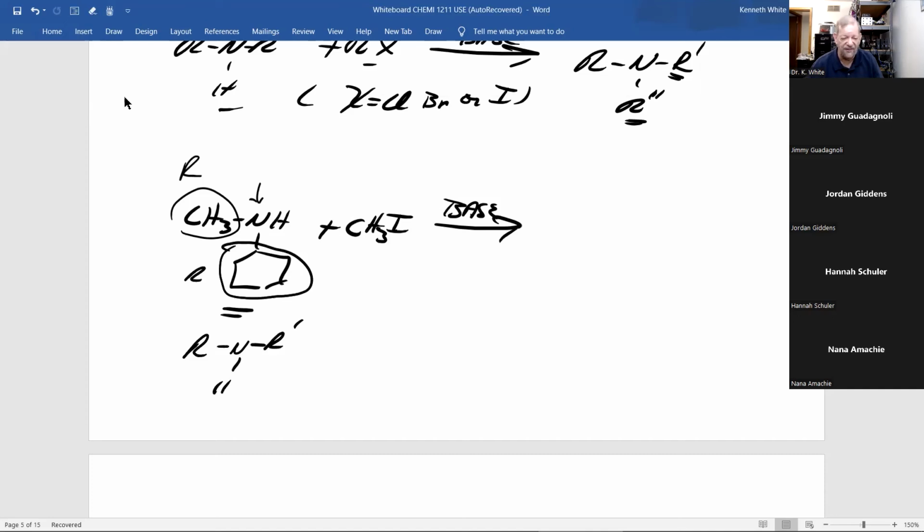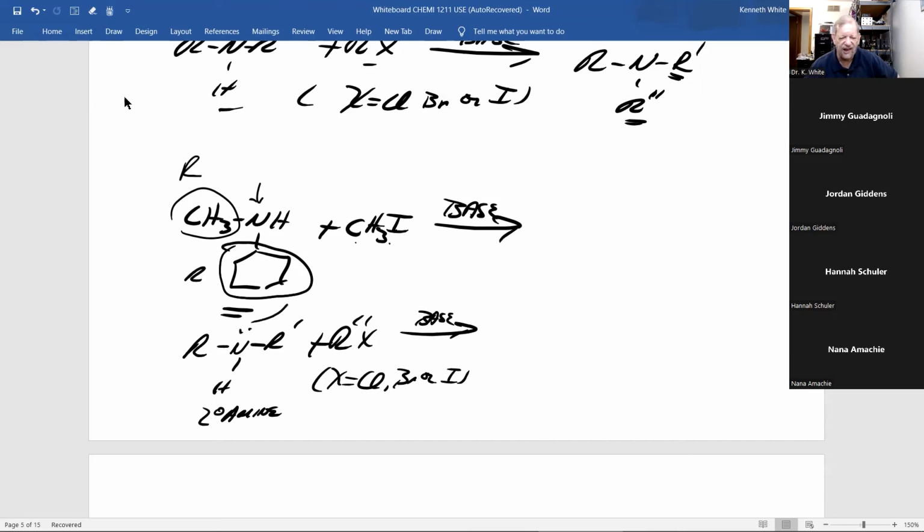And we have a secondary amine. And we're reacting carbon with a halogen, an alkyl halide. X can be chlorine, bromine, or iodine. And in the presence of base, this attacks the carbon with the halogen and forms a tertiary amine.